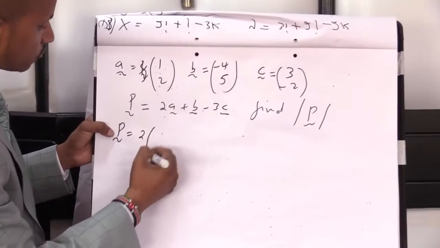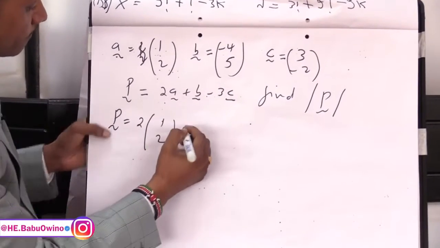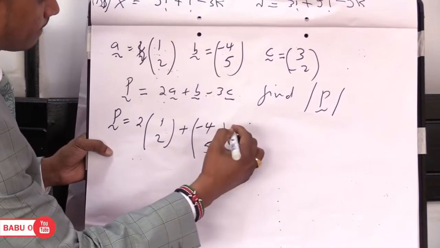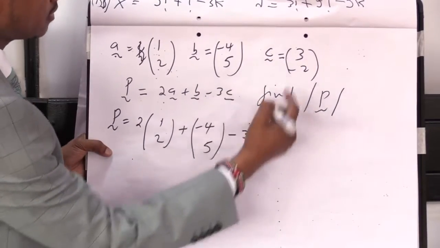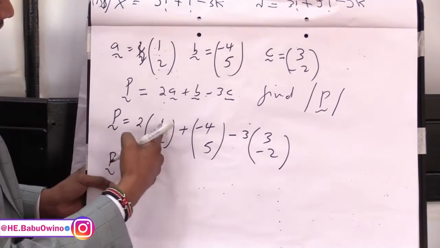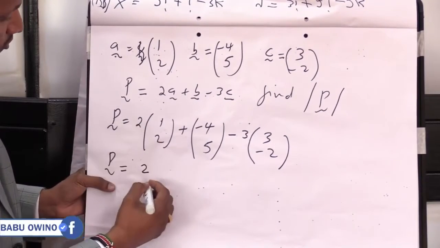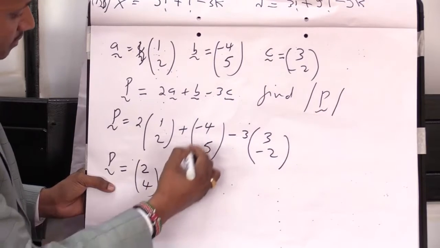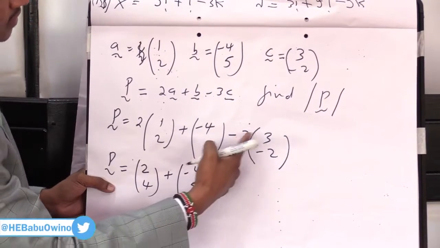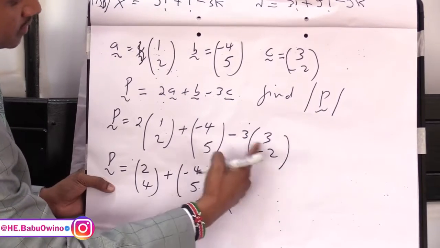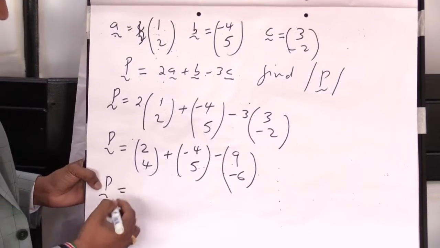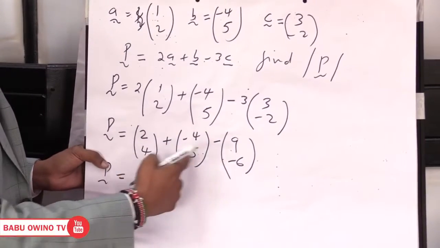So if you are given such, just come to where P is, just write P equals 2, but what is our A? A is 1, 2, plus B, what is our B? Minus 4, 5, minus 3C, what is our C? 3 minus 2. So our P is 2 times 1, just open the bracket, is 2, 2 times 2 is 4, plus minus 4, 5, minus 3 times 3 is 9, 3 times minus 2 is minus 6. So P equals, BODMAS, you add this 2, then you subtract this.